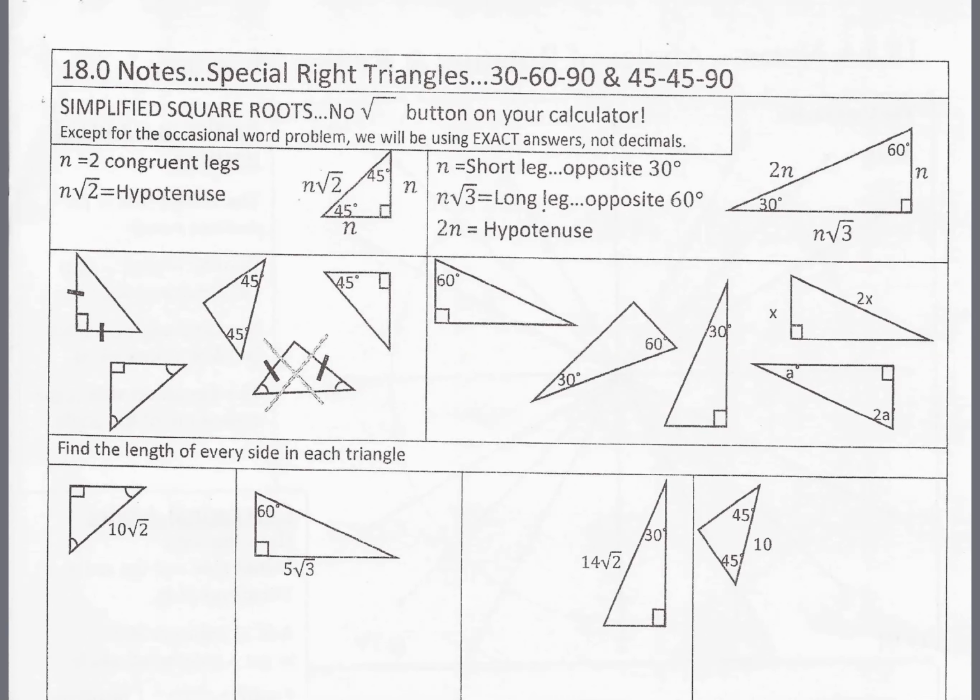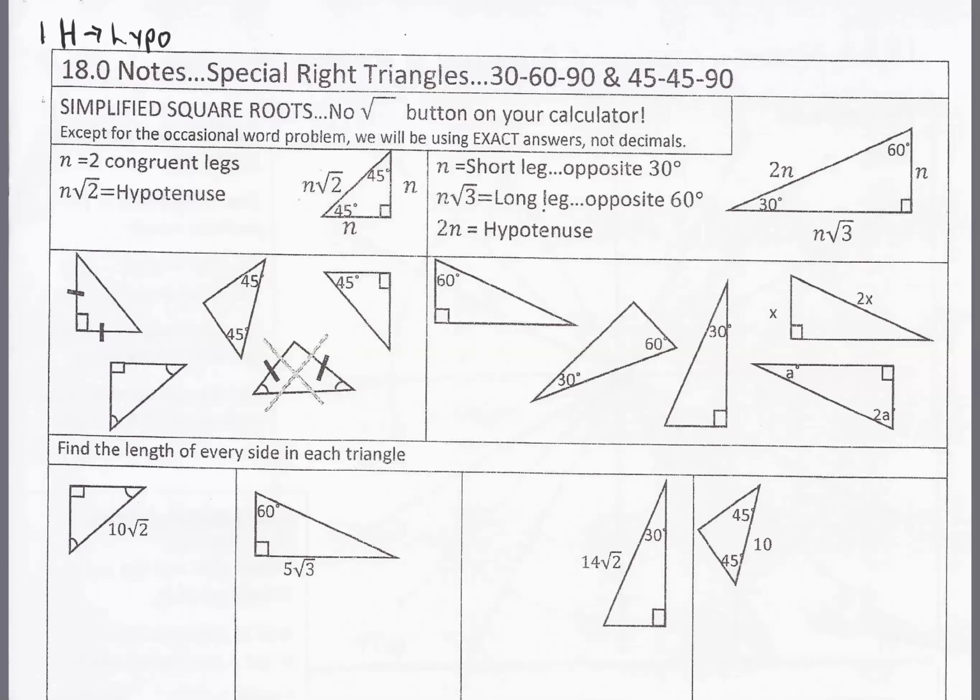Okay, so I'm going to be abbreviating for this lesson, so I don't have to keep writing it, especially on the iPad. I don't want to write these words over and over again, it'll take too long. So every time I use a capital H, that's going to stand for hypotenuse. This is just making my key at the top.